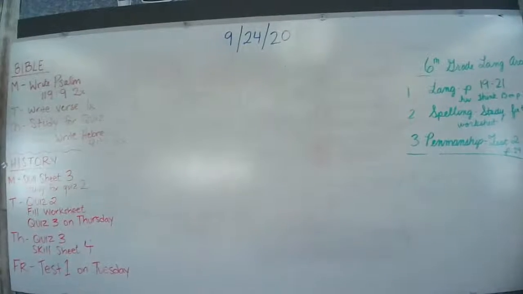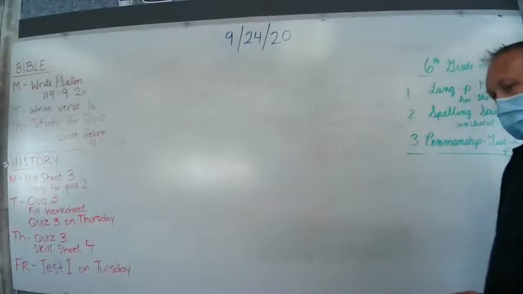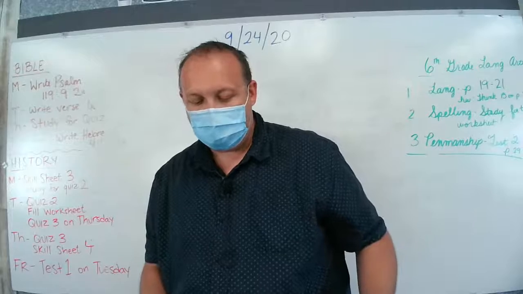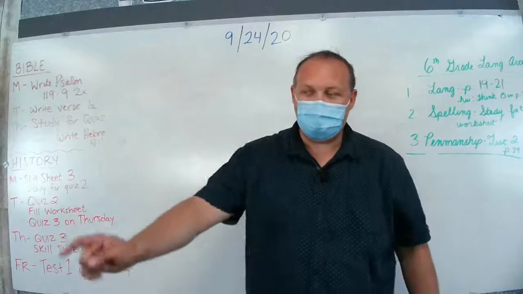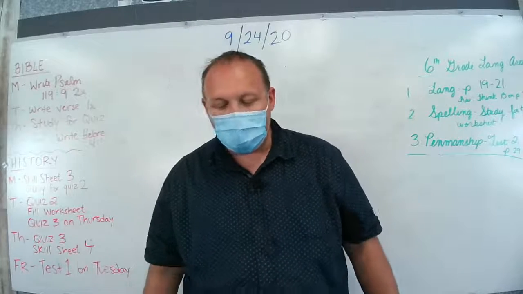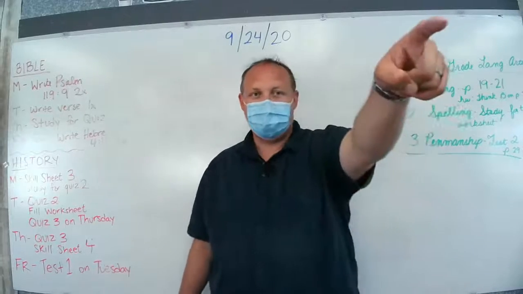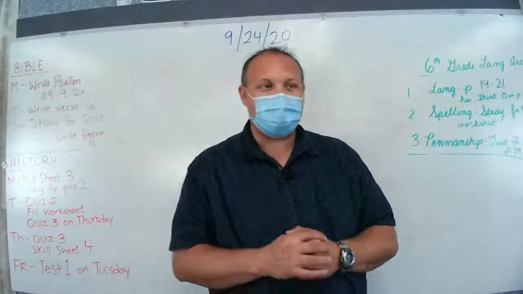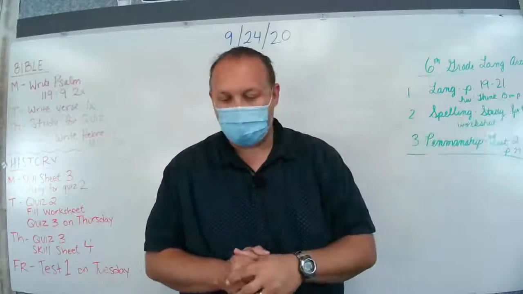All right, let's check out those answers. 1A. How many ounces are in a pound, Emmeline? 16. Letter B. How many feet are in a yard? 3. How many grams are in a hectogram? 100.